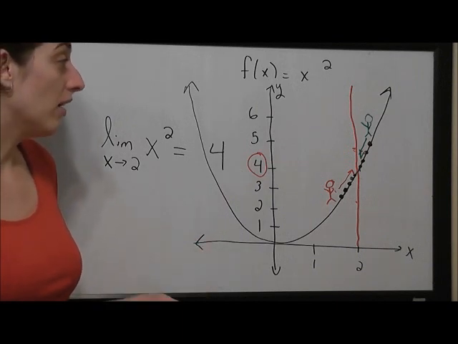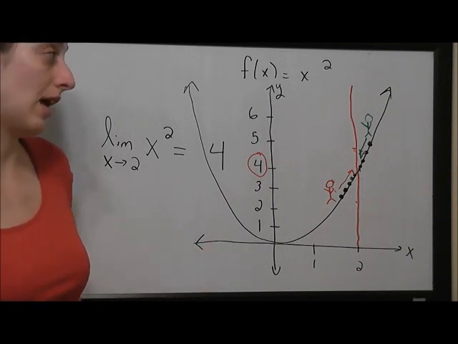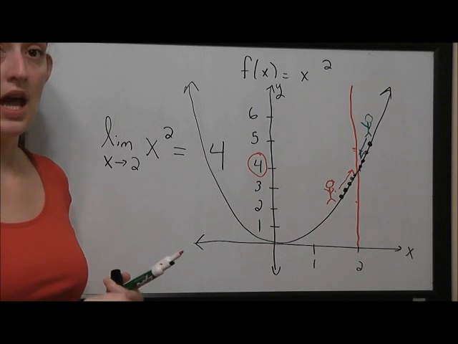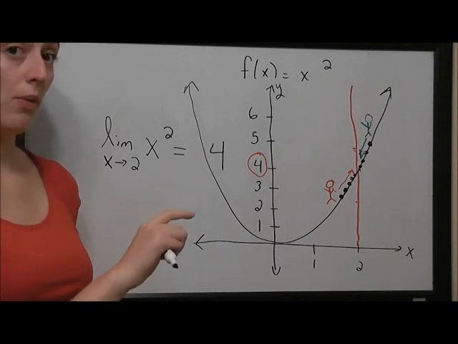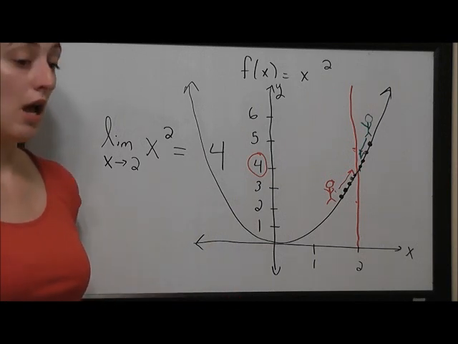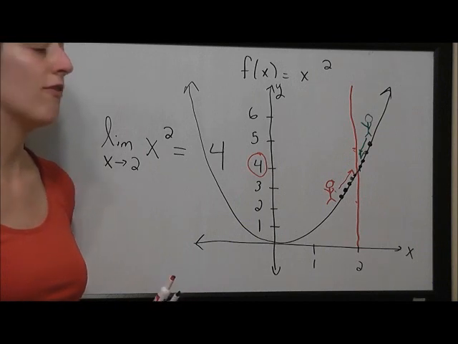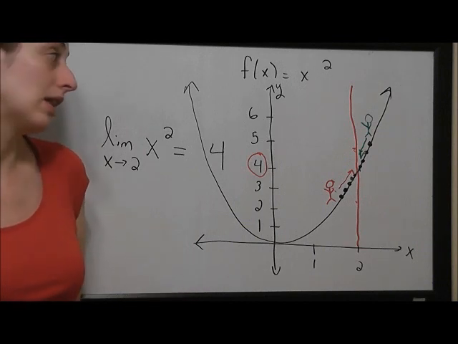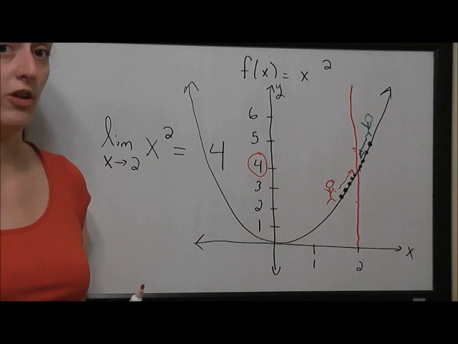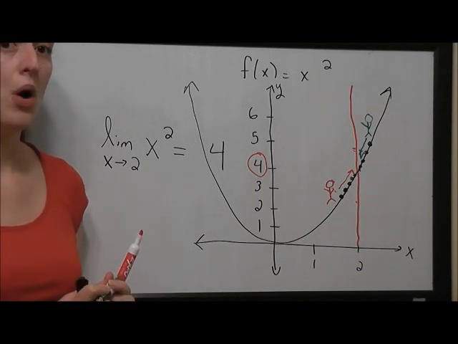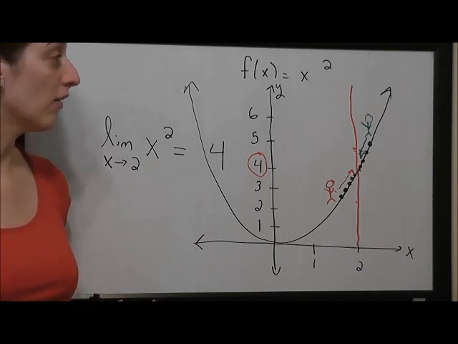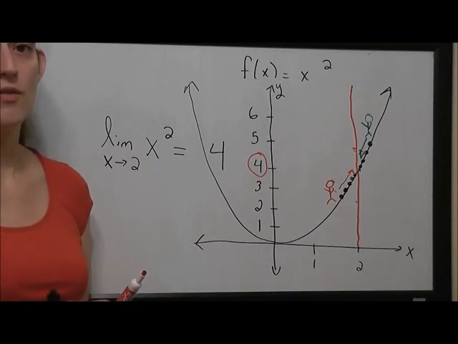Well, a lot of functions do behave really nicely, and when you look around the point, they behave the same way. But sometimes they behave very differently, and that's one of the things that makes limits so helpful. So in our next example, we're going to look at another function which doesn't behave quite as nicely.